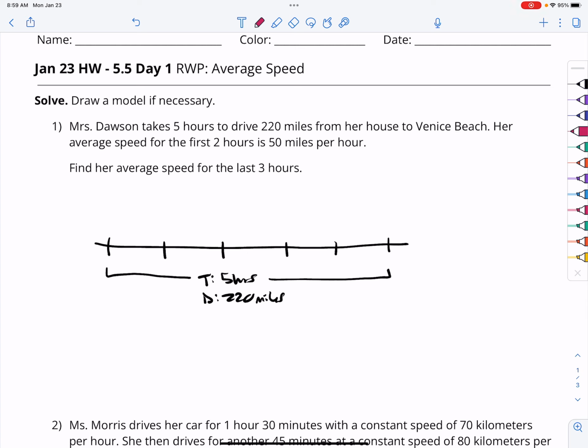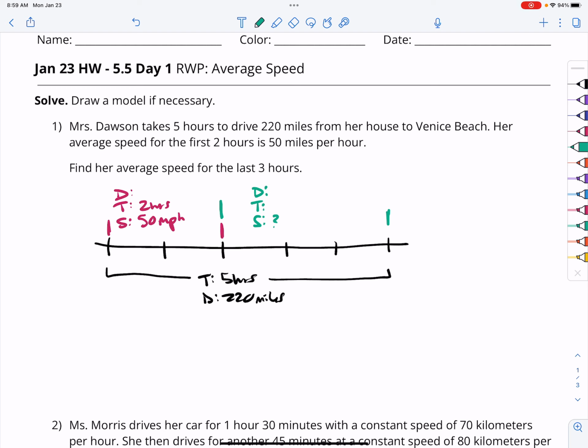For the first 2 hours, so this chunk from here to here, we could do our distance, time, and our speed, and we know it took 2 hours, and she drove 50 miles per hour. And we need to know what is her average speed for the last 3 hours. So we don't know the speed.